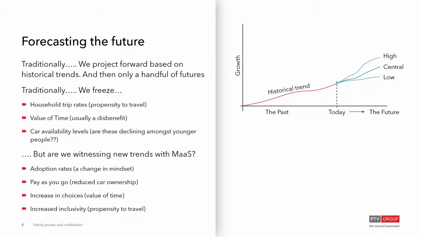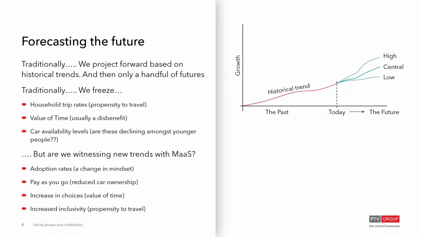And you will notice with shared mobility or mobility as a service, on-demand transit, that there are things that are changing. The trends are changing. The adoption rates of these new mobilities. What is that? I don't know. If you consider pay-as-you-go travel, this may reduce car ownership. If you have an increase in choices of ways to travel, maybe your value of time changes.